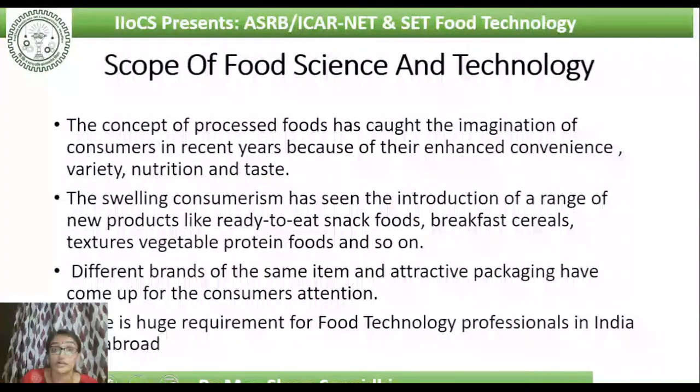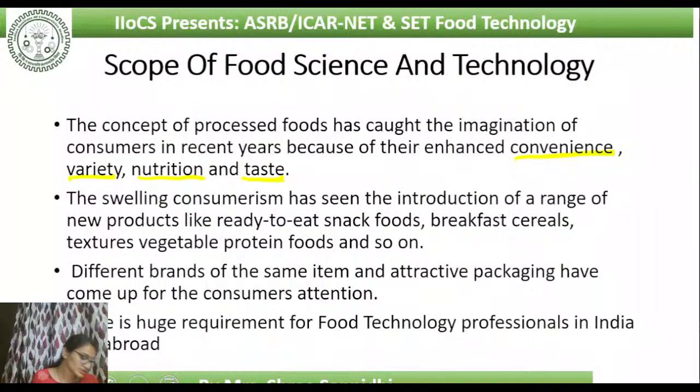Next, let us see the scope of food science and technology. The concept of processed foods has caught the imagination of consumers in recent years because of their enhanced convenience, variety, nutrition, and taste. Nowadays we are getting so many products which have convenience, variety, nutrition, as well as taste, right?